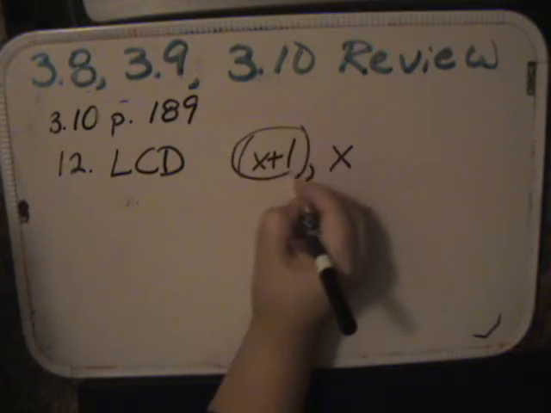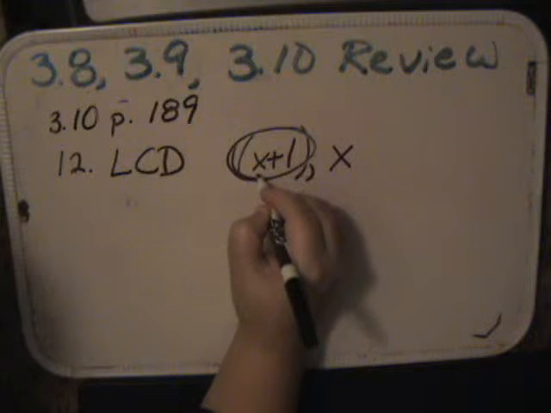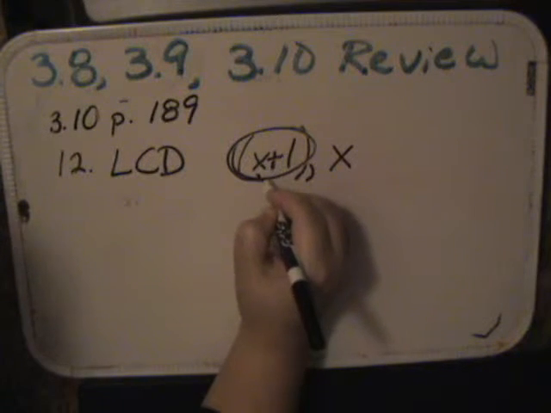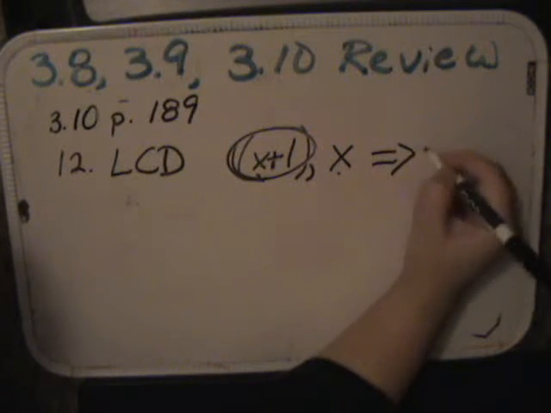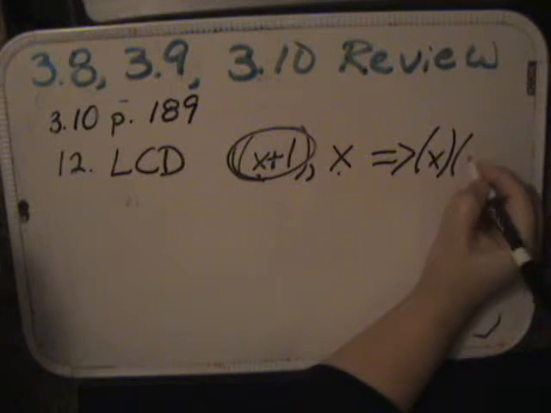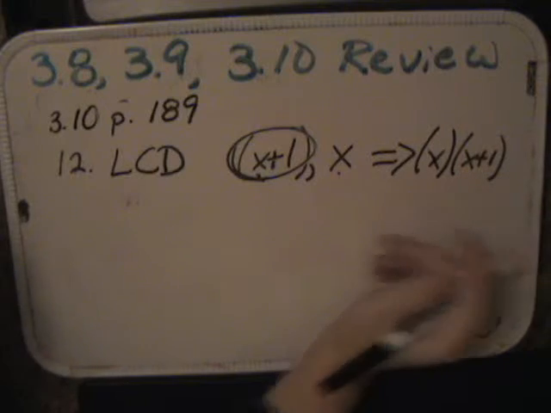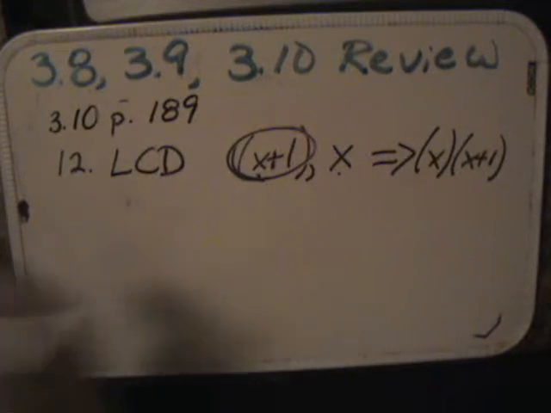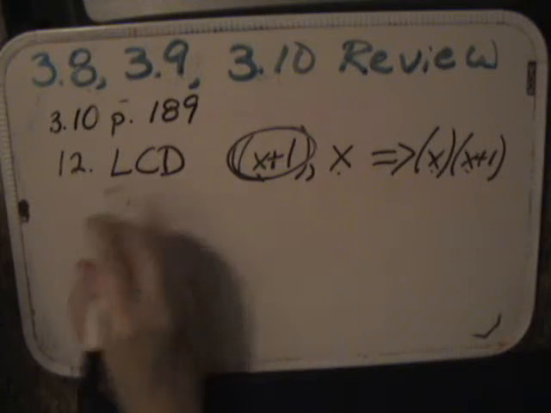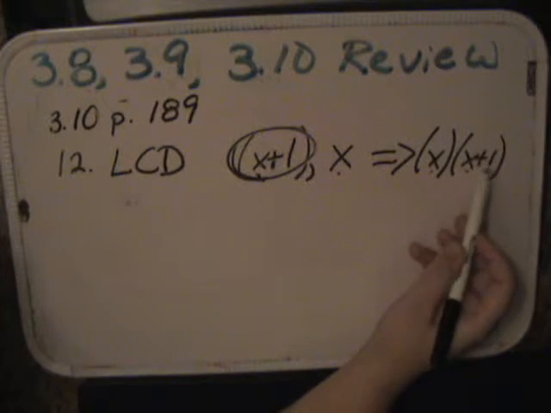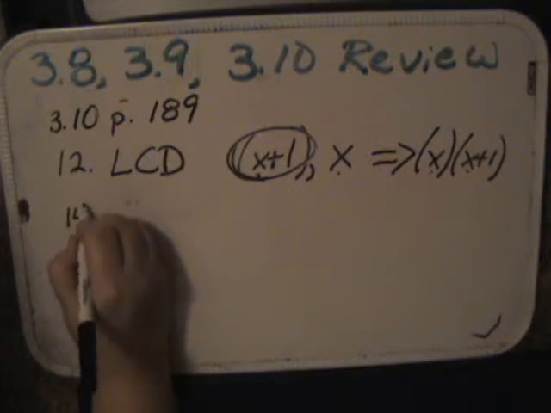Remember, this whole thing is a factor, not just the x, because it has a plus in it. This is a factor, and this is a factor. So the LCD is going to be the multiple x times x plus 1. And you don't have to write the parentheses around the x, but you do need to include them around the x plus 1 because x is multiplied by both of them.